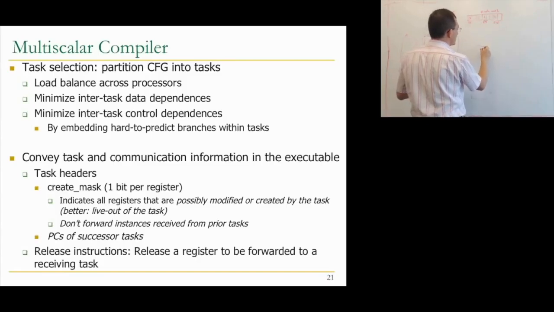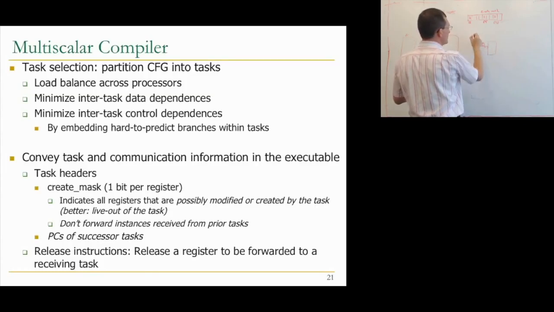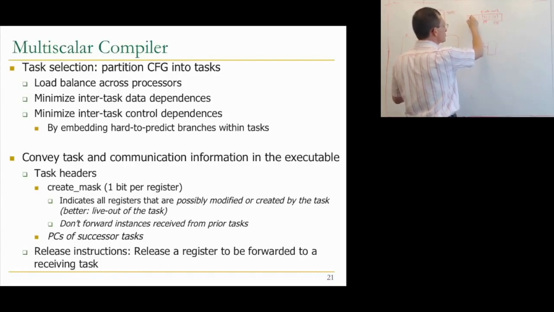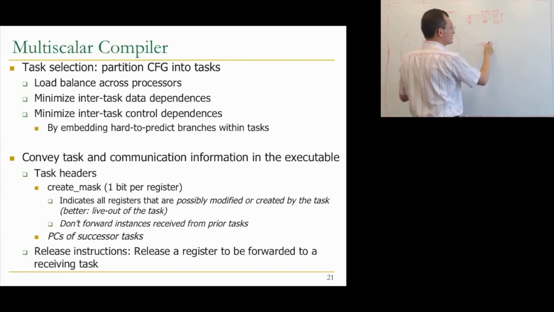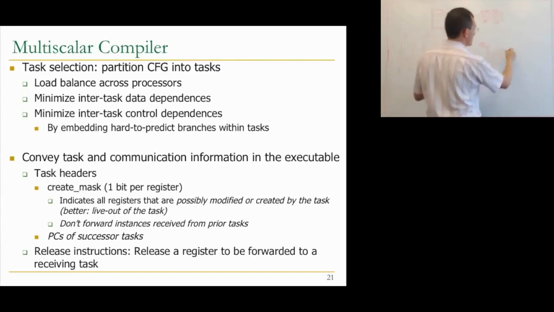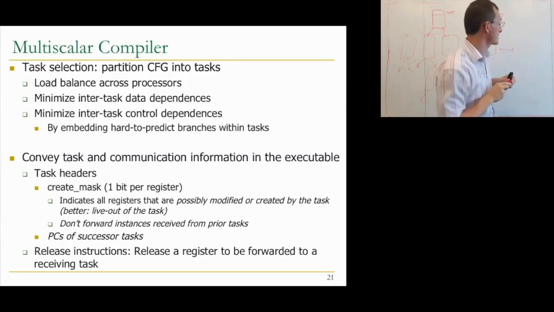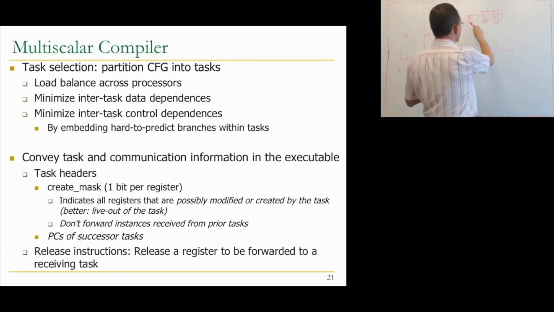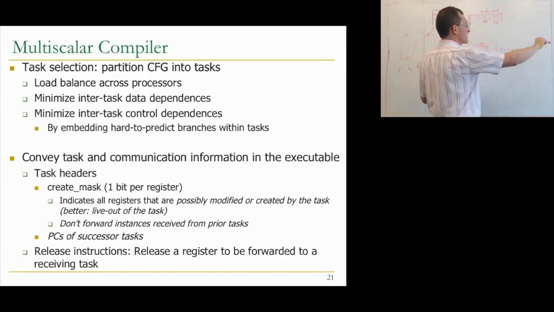Remember, the register file communicates the values. If the register file receives R0 in this case from the ring, it says, oh, I'm going to create this R0, so I'm not going to use this. Basically, I'm not going to forward this to the next task. So this ensures that the register values are not forwarded unnecessarily.